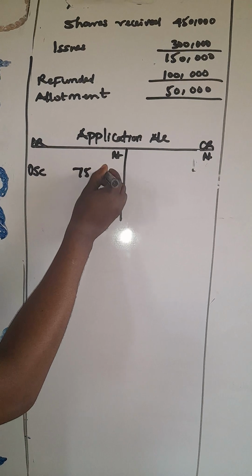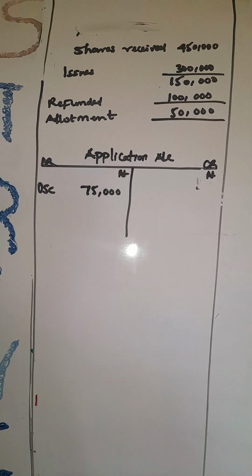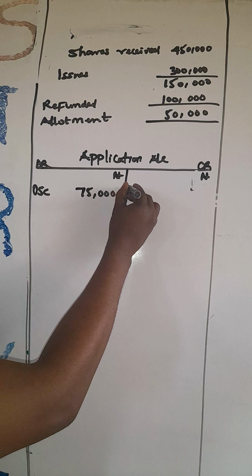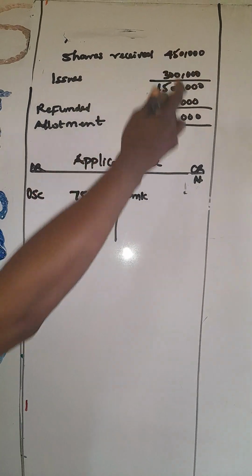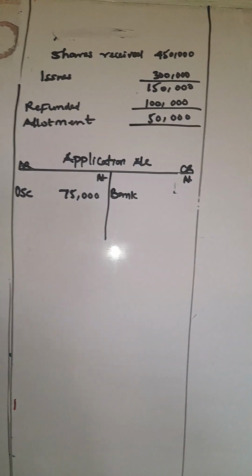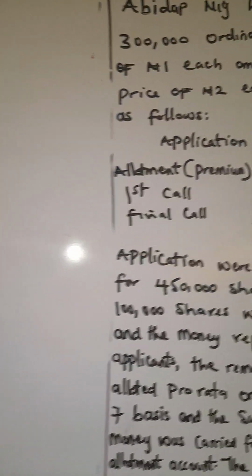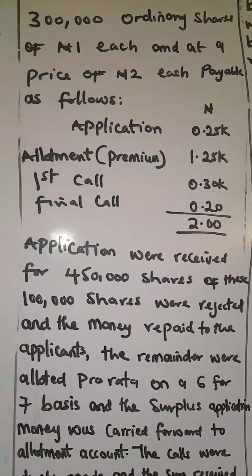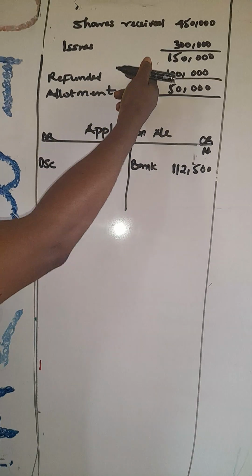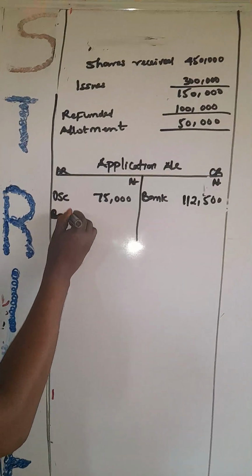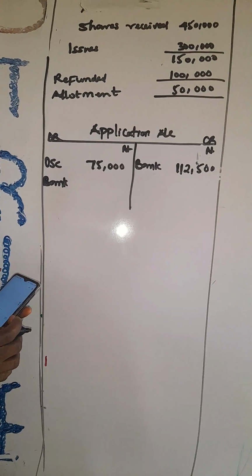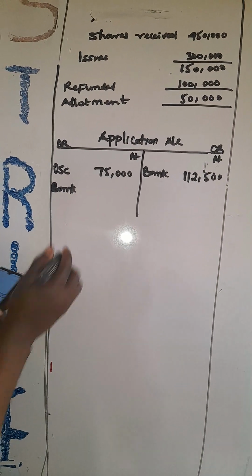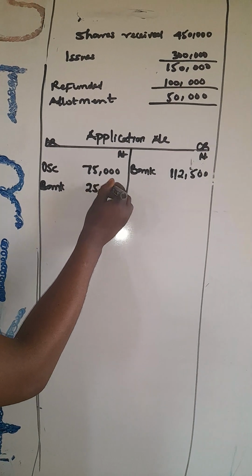Ordinary share capital was 75,000. The next thing, we are told the bank received 450,000 shares. 450,000 shares times 0.25 will give us 112,500. Out of this, we are told the bank refunded 100,000 shares. 100,000 shares times 25 kobo gives us 25,000 naira.